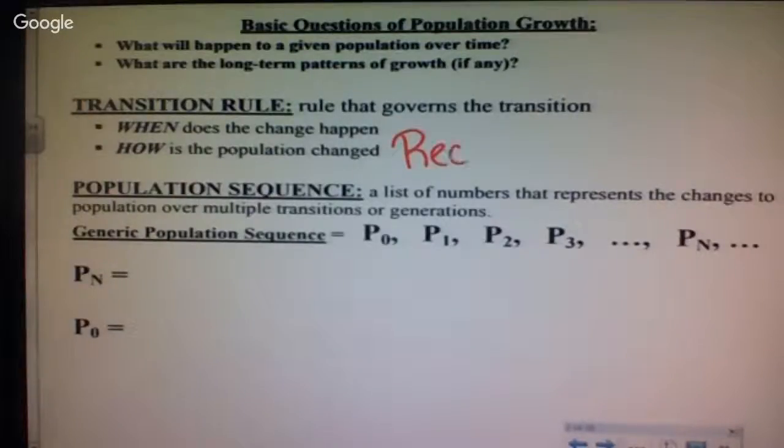This is the same thing as your recursive rule, which is why we did chapter 9 first. Your transition rule is the same thing as your recursive rule. It tells you when the change happens and how it's being changed.